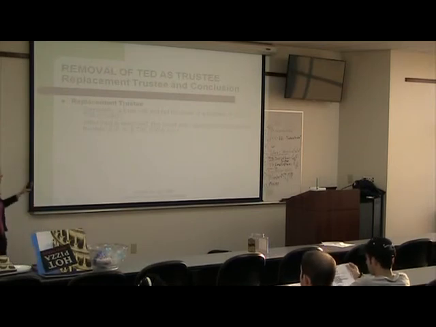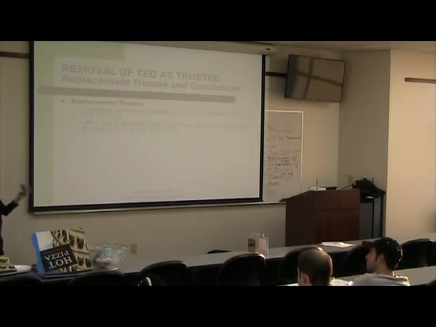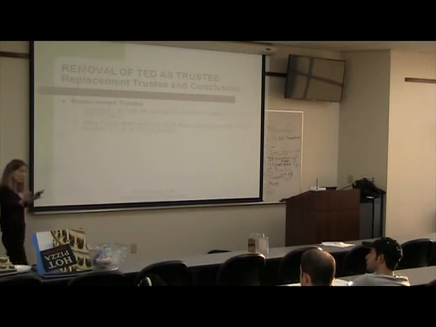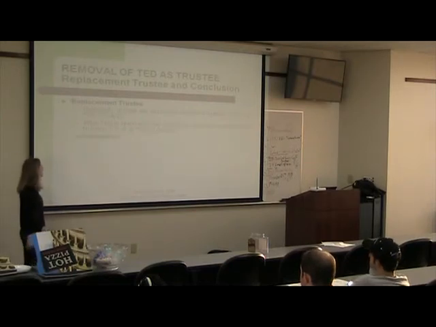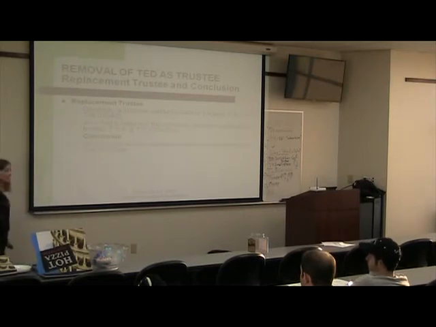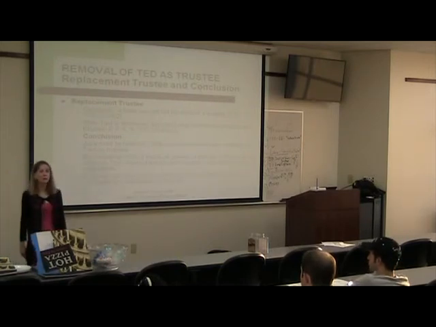But remember again, if you have multiple trustees and one is removed or dies or declines to serve further, the court doesn't have to fill that position unless the document requires it. So Bob does have standing, and Ted breached his duty, and so Bob can ask the court to kick Ted out and replace him.